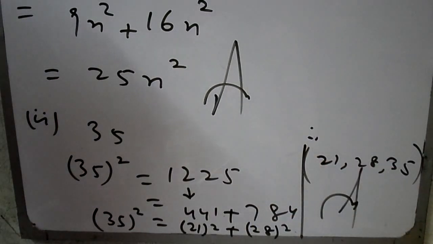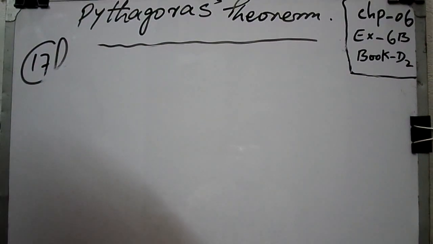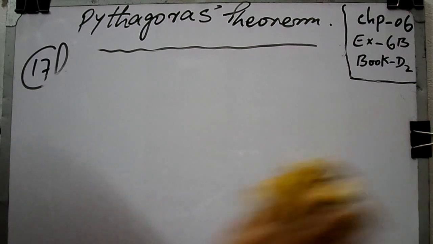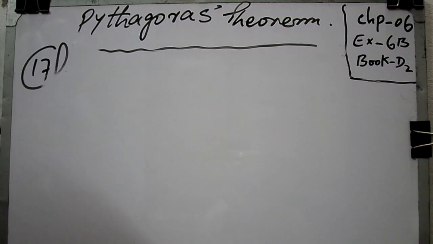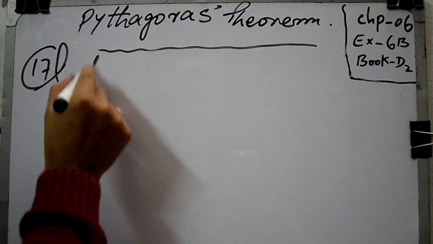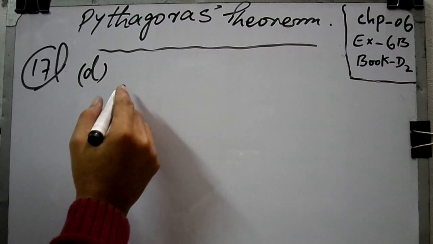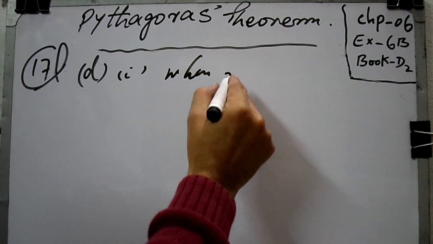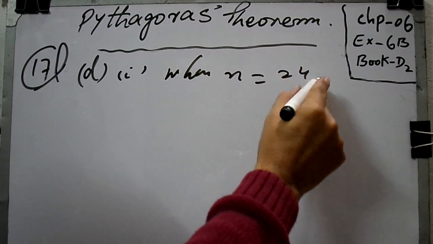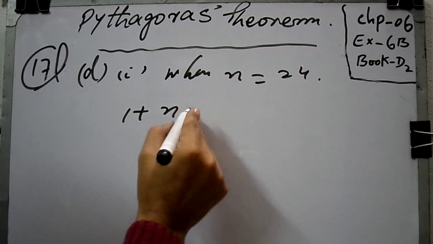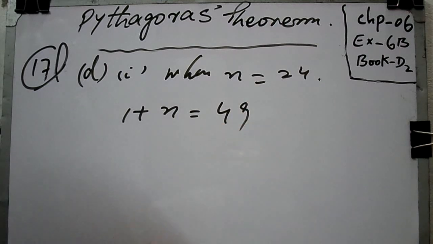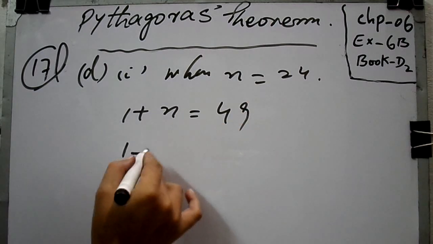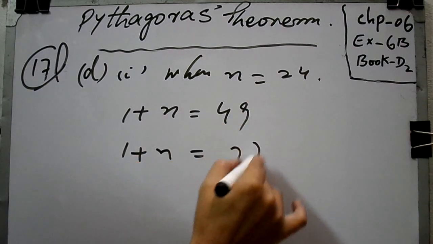Now coming to the D portion. In D portion, number 1, when n is equal to 24 and 1 plus n is equal to 49, you can write 1 plus n is equal to 7 square.